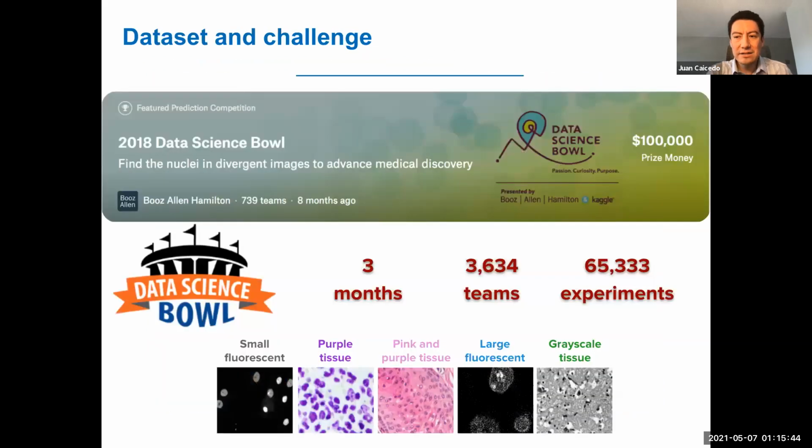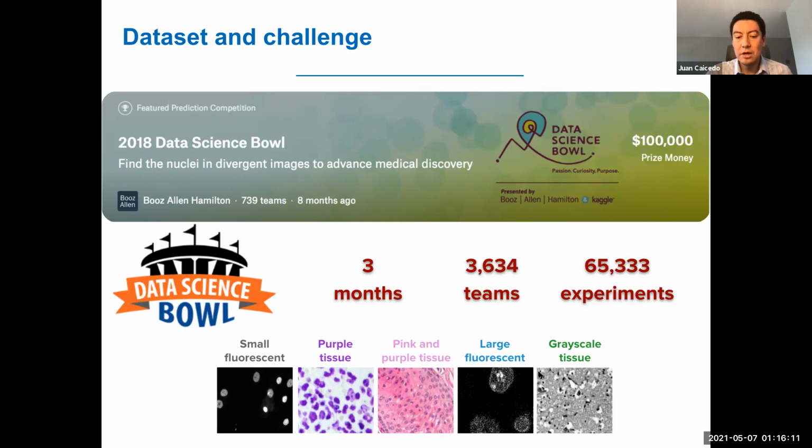So we asked this question and we organized the 2018 Data Science Bowl around this specific challenge. What does it take to make one of those computer vision technologies work in biology as well? We offered a prize of $100,000 to the team that was able to segment any type of microscopy image.